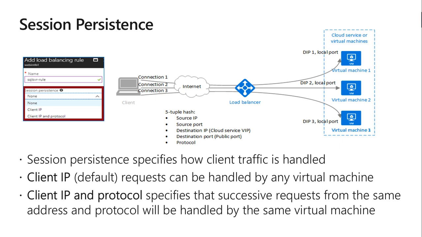Session persistence specifies how traffic from a client should be handled. The default behavior, which is none, is that successive requests from a client may be handled by any virtual machine. You can change these behaviors if you want. Client IP specifies that successive requests from the same client IP address will be handled by the same virtual machine. Client IP and protocol specifies that successive requests from the same client IP address and protocol combination will be handled by the same virtual machine, right?